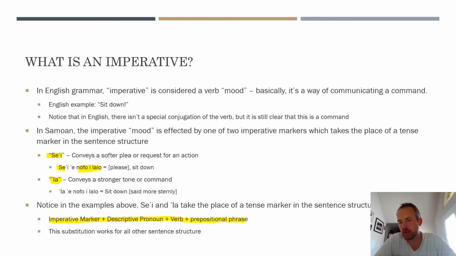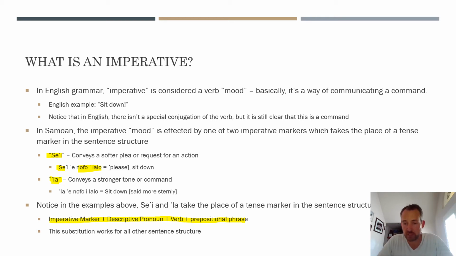And then theoretically, you could also put this in for any other sentence structure. It's just that most of the time, you're going to be using descriptive pronouns, because if you're giving commands to someone, you're not giving commands to some random boy that's not even in the room. The boy must sit. Well, that's not a command. You have to be talking to somebody to command them.